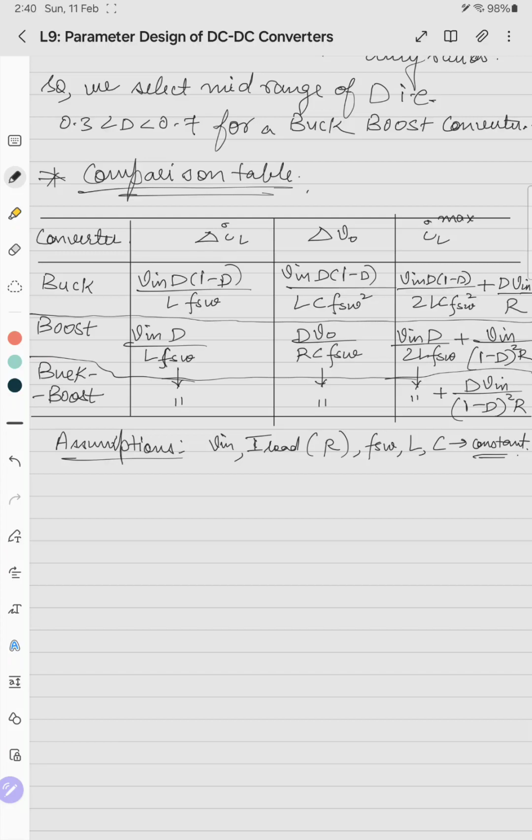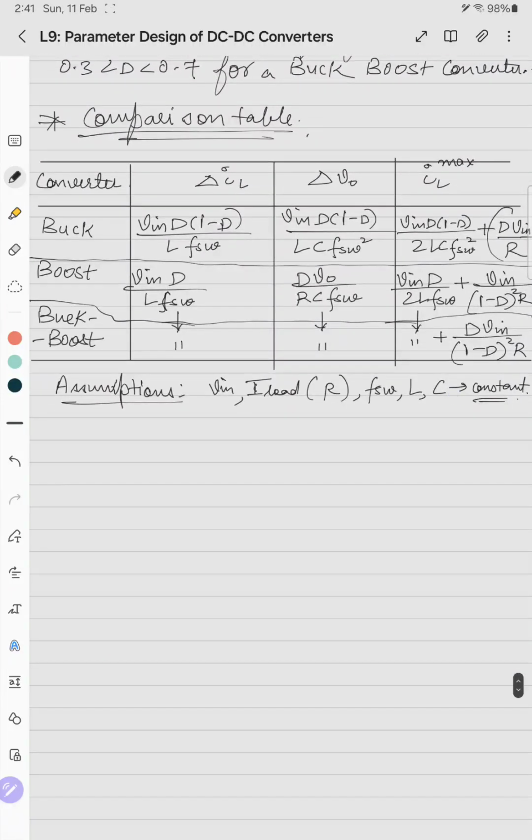We assume that the load at which all three converters operate is constant, so I load or R both are constant. Vin is also constant, we are not changing the input voltage. The source voltage is constant. Switching frequency, L and C are fixed, they don't vary. Then what we saw is that for the buck converter we got two ranges of operation. For the second range, this particular term D into V in by R, we have to reduce.